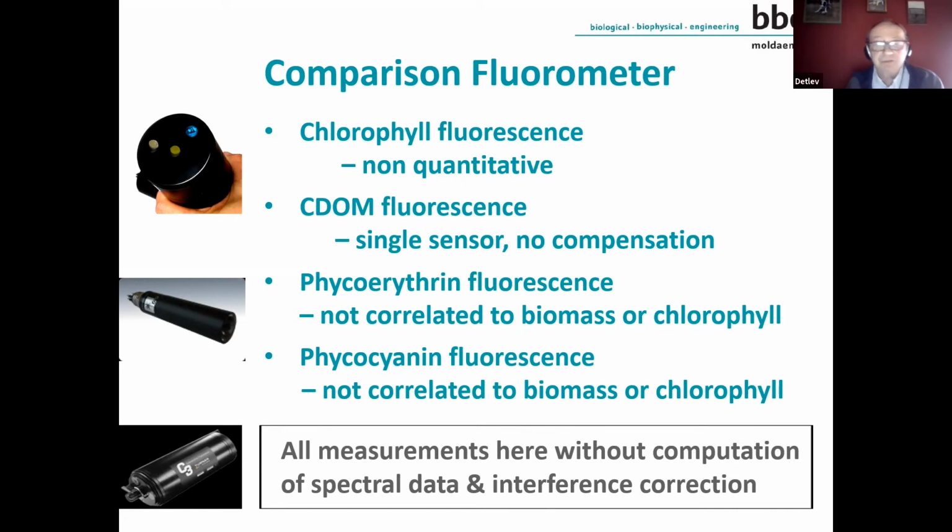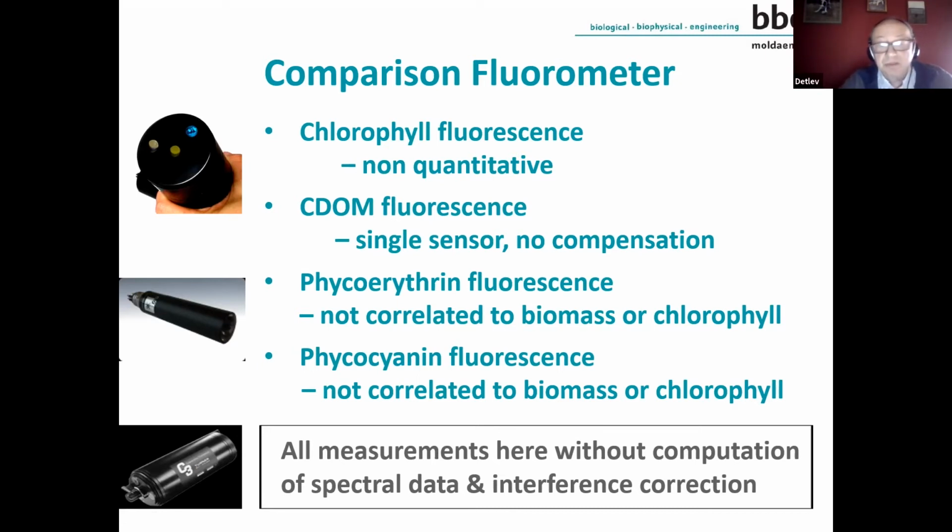And if they have, for example, a measurement of CDOM, that is colored dissolved organic matter, then they will not have a compensation for that. We can make it better because we can determine the CDOM already in the blank and have this stored inside of the AlgaeTorch, and it is subtracted from the values that we measure.